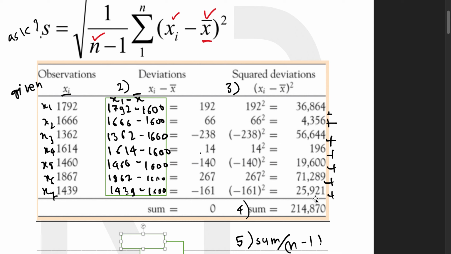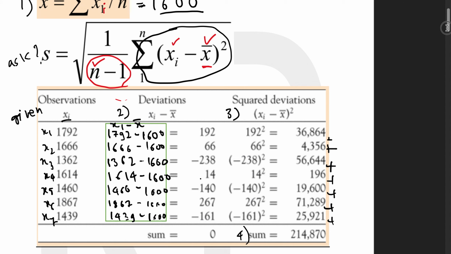That sum is represented by this entire term right here. So we have so far solved this entire term. Now what we need to do is divide this by n minus 1 as the next step.